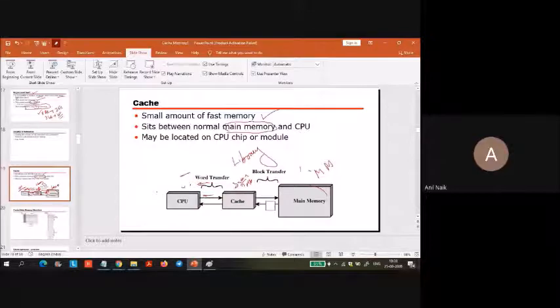Okay, so cache memory stores the frequently accessed data items.